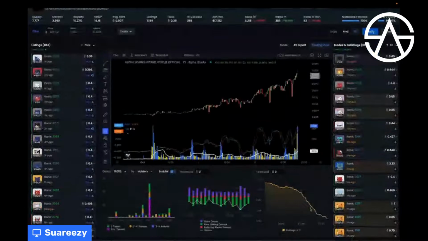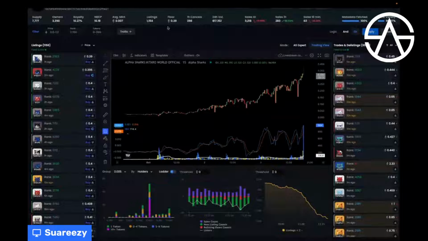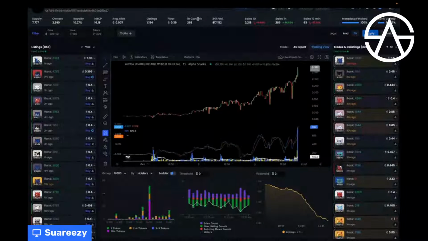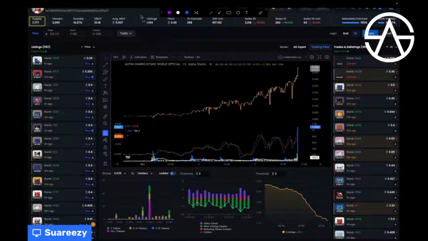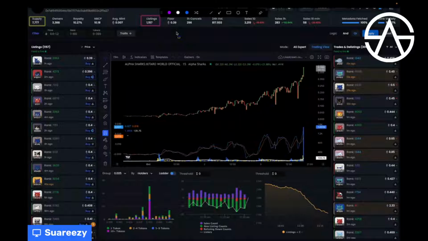Let's jump into something that we're seeing right now as we have the data right in front of us. Take a look at the amount of listings. I know we talk about demand a lot, which is one portion of the equation. The other portion of that equation is going to be supply. Supply and listings are very correlated, because they're directly tied to the second part of our equation.